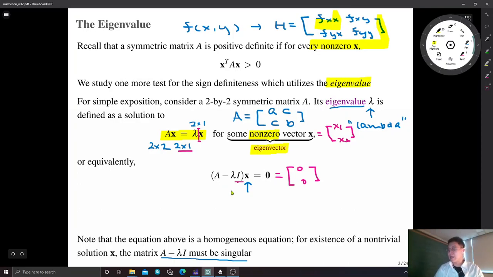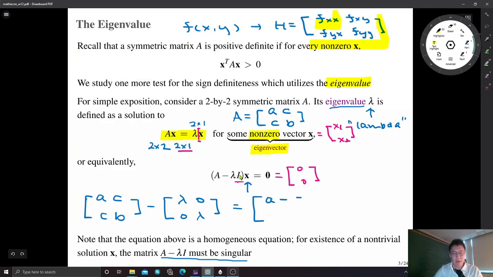All right, with that in mind, using matrix A, I can formulate the coefficient matrix as A, C, C, B minus the scalar multiple of the identity matrix, lambda 0 and 0 lambda. Their difference can be written as A minus lambda, and C in the first row.